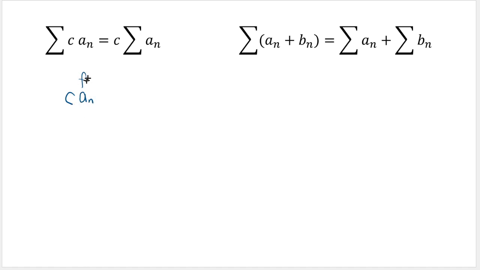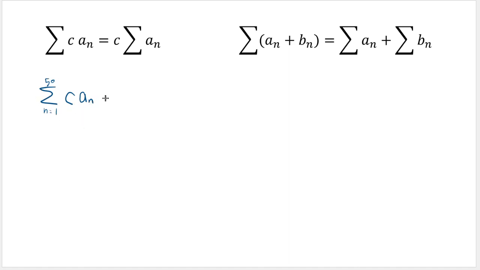I might as well just say f of n as well, but it doesn't matter. So it's something that changes with n, and if you add it, and let's just say n starts from 1 and goes up till 50, whatever number. You can start from 2, it doesn't matter.